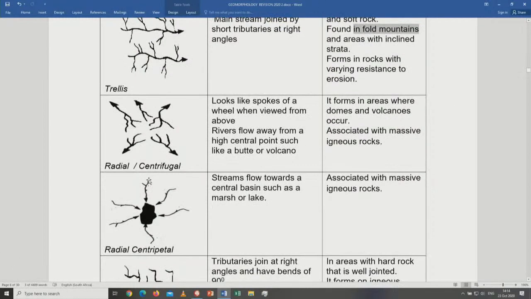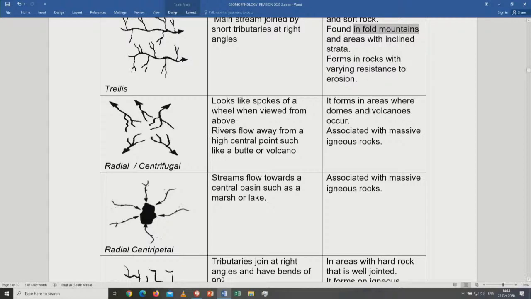And then radial pattern: they say rivers flow away from a high central point, such as a butte or a volcano. It forms in an area where domes and also volcanoes occur. It is associated with massive igneous rock.